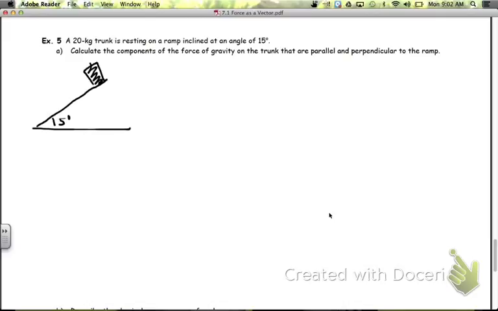So here we have this force, which creates a 90-degree angle. This here is our force 1, and located down here is our force 2.